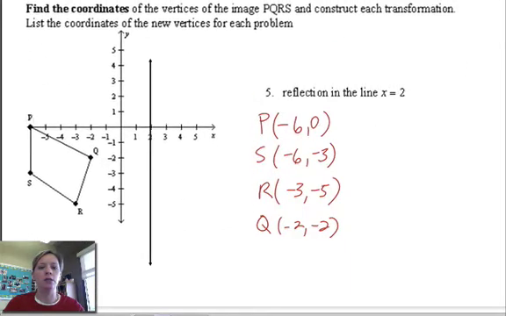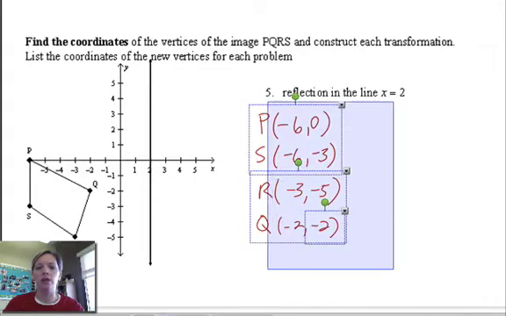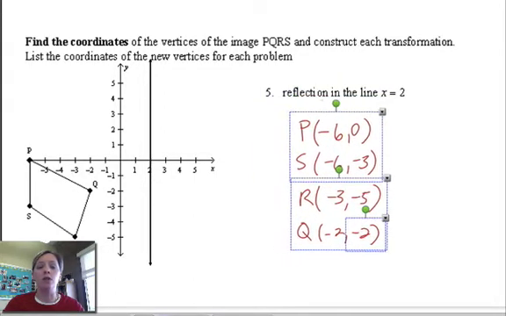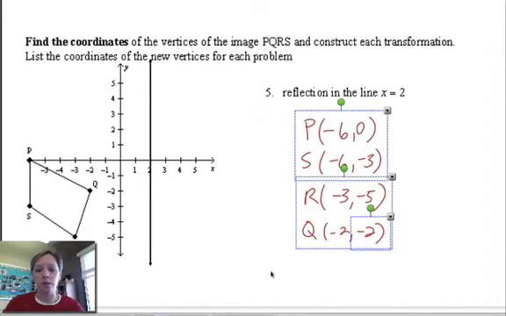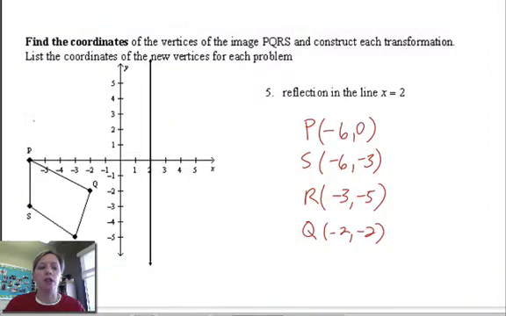Okay, so we're probably going to need those coordinates to find the new coordinates after our reflection. Okay, so remember, to find a reflection, we want to look at the distance that each point is from the reflection line. So for example, the point P is 8 units away from the reflection line.